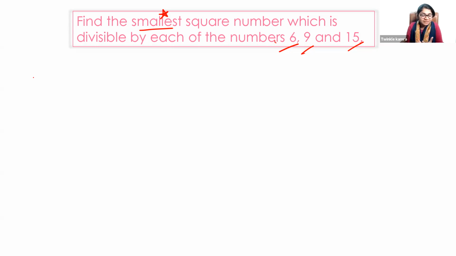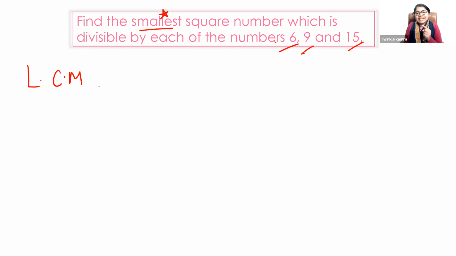What is the smallest number by which 6, 9, 15 are divisible? It is the LCM, right? If I find out, what is that smallest number which is divisible by 6, 9, 15?